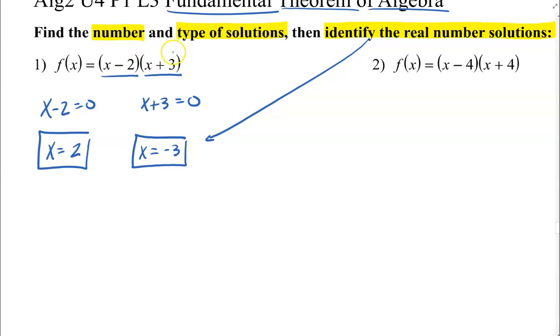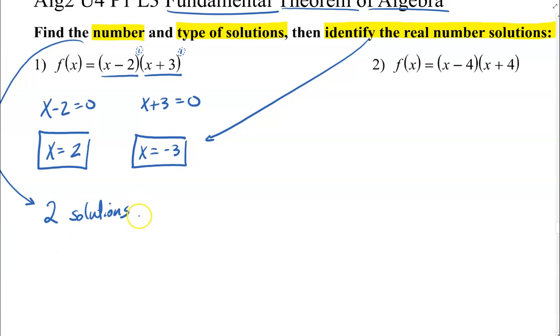As far as the number of solutions go, well, again, if I look at each factor and the exponent that's associated with each factor way back at the beginning, well, this factor here has an implied exponent of 1. This factor also has an implied exponent of 1. So 1 plus 1 tells me that there are 2 solutions. So that tells me the number of solutions that we should expect to find.